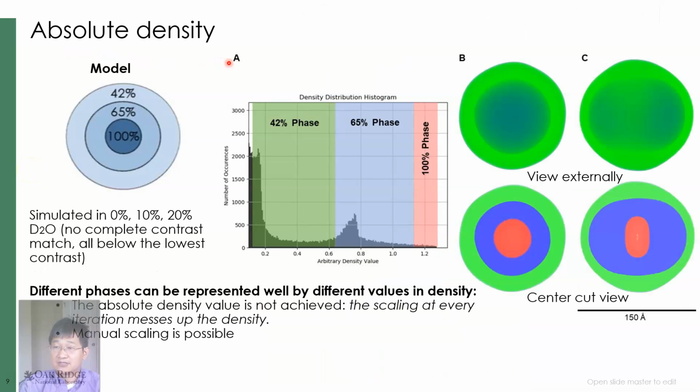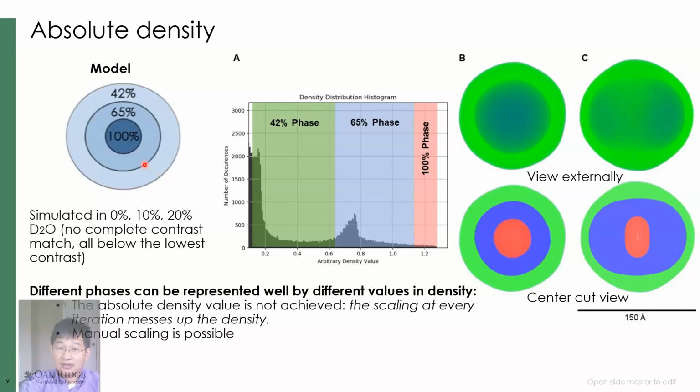So now let's talk about the absolute density. Here we are using absolute scaled data and also the background scattering density as input. In principle, DENSS multiple can provide a structural result with absolute density in the iterative process. However, while we found the different phases can be differentiated very well, the final density value is not in absolute density as expected.